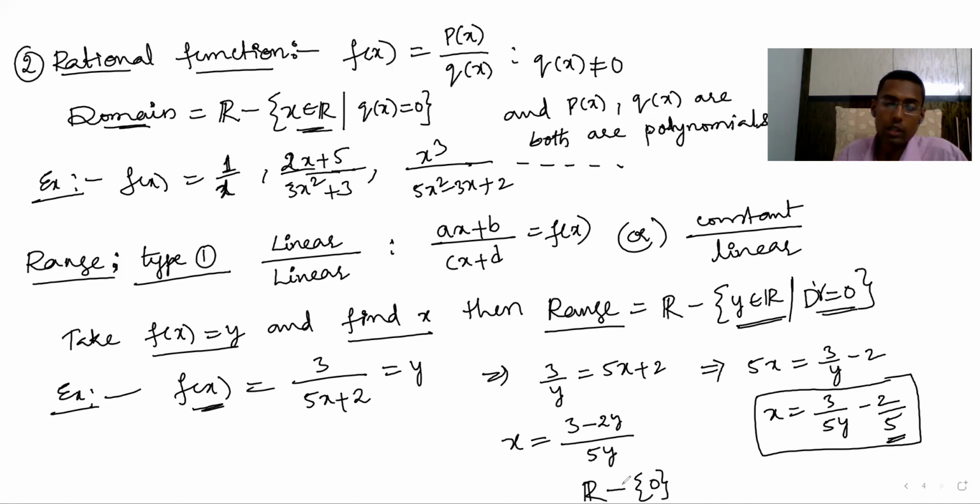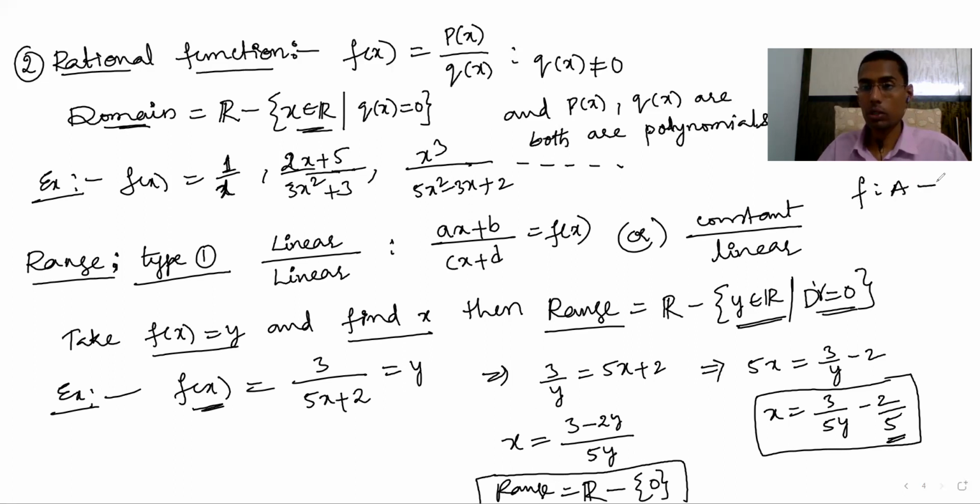This is exactly like a domain only, but you should do the reverse process. Okay, actually this is called inverse function. Inverse function means what? If f is a function from A to B, then if f inverse exists, f inverse is a function from B to A. That means domain becomes range, range becomes domain, like that.